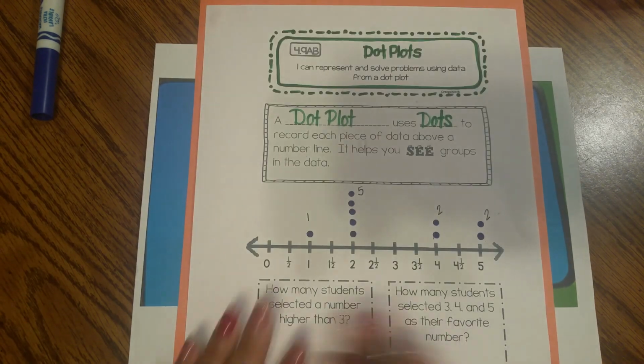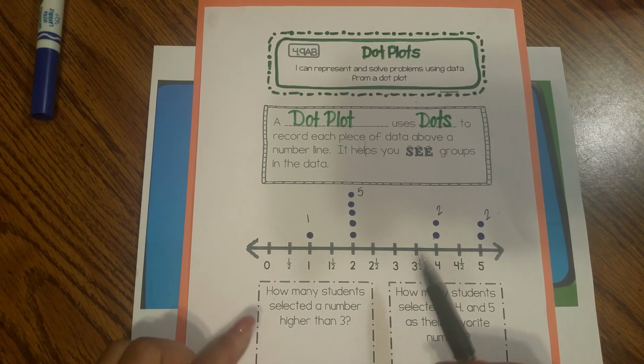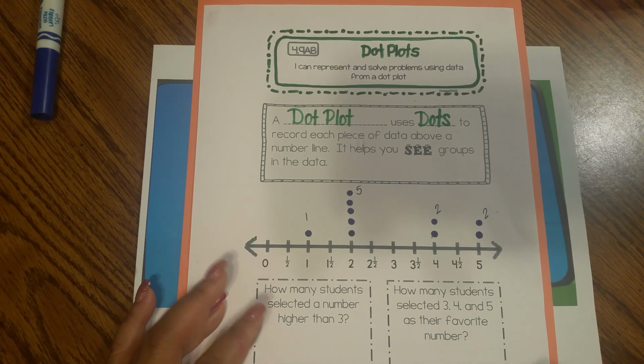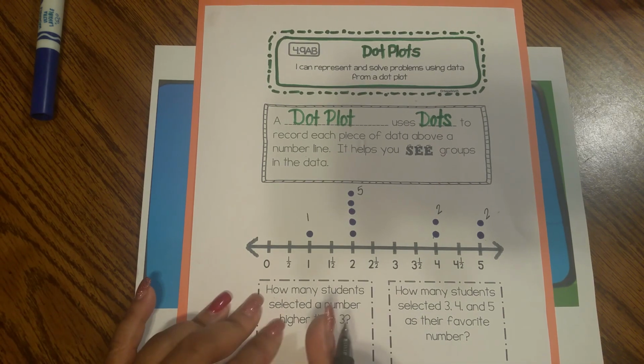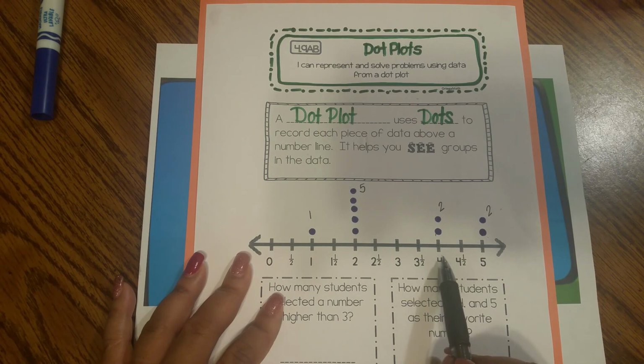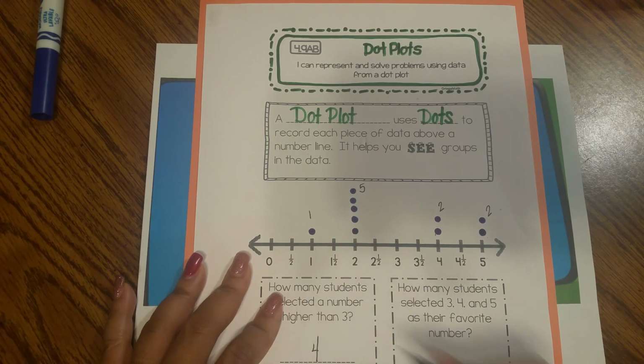So, to answer my question here, I'm changing it up a little bit. They want to know how many rolls I had that were higher than a 3. It didn't say 3 and higher. It just said higher than a 3. So if I had anything on a 3, I wouldn't even count that. 4 and 5 are higher than a 3, so I'm adding 2 plus 2, which is 4.